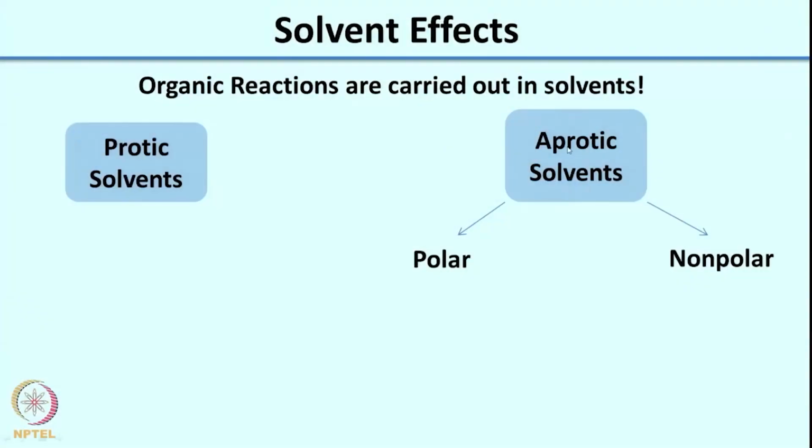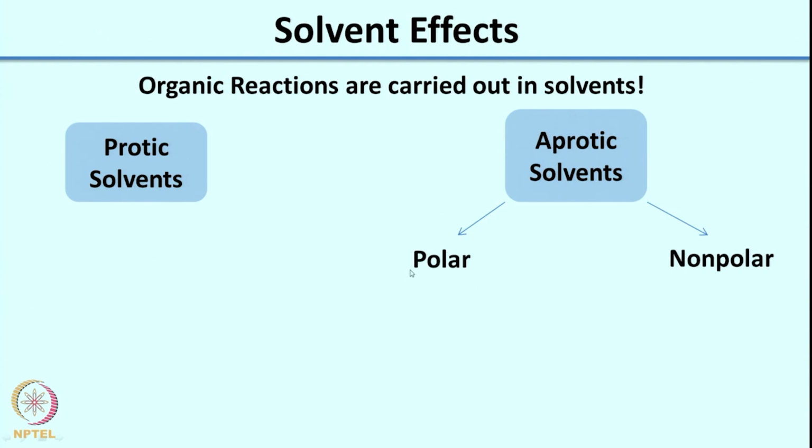Now when you think of protic solvents, typically they are polar, because if you have a non-polar bond such as a CH bond, it will not be that easy for it to give your proton. Aprotic solvents can be polar or non-polar. Aprotic solvents are those that cannot give protons, but you can have heteroatoms in the solvent which make them polar, or if you do not have heteroatoms, they are non-polar.